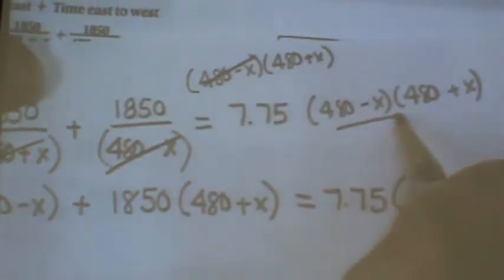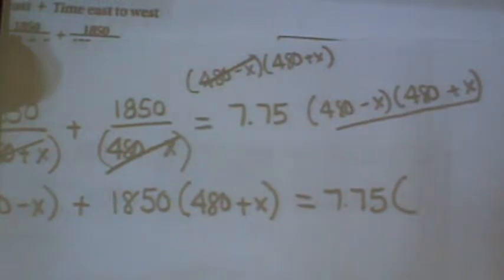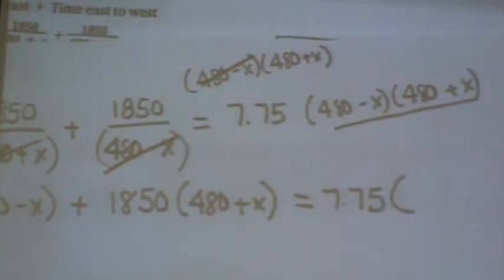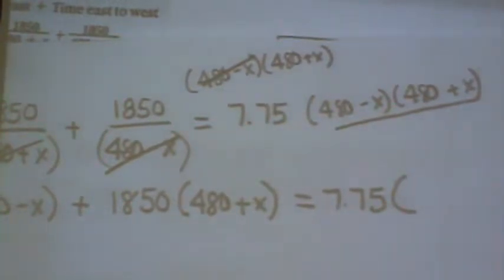Does anyone know what this is? It's the difference of two perfect squares. So what you could do is 480 times 480. What's 480 times 480? Anyone know?